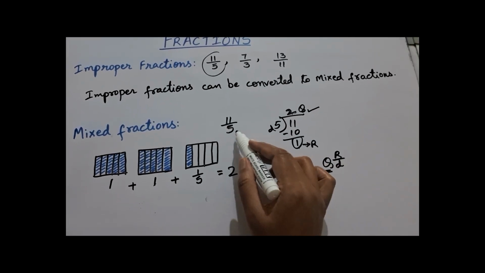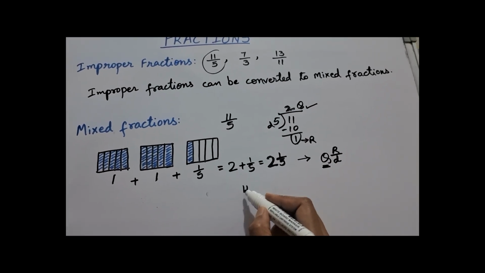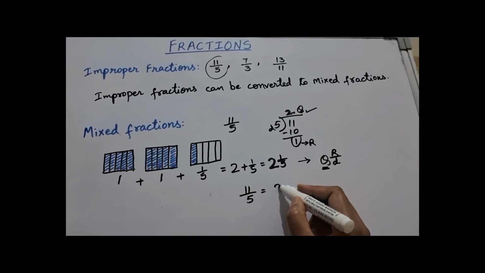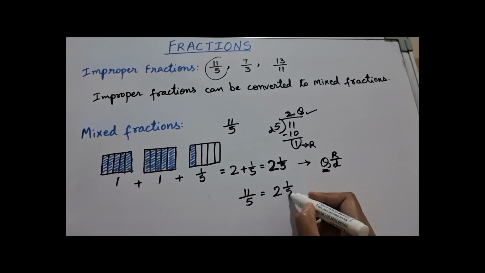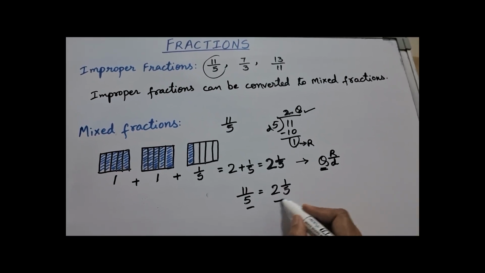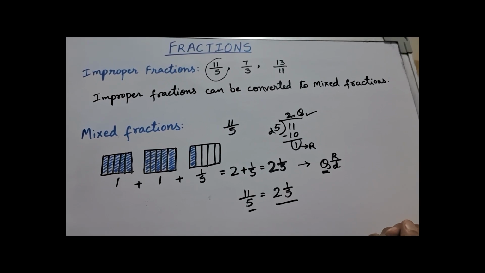Okay children, so here 11 by 5 can be written as 2 1 by 5. This is an improper fraction converted to a mixed fraction.